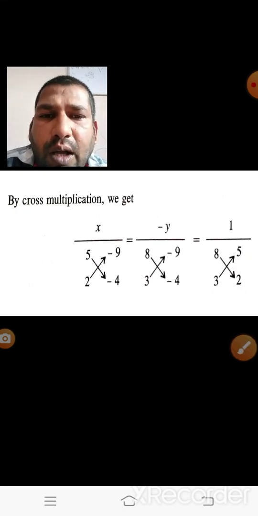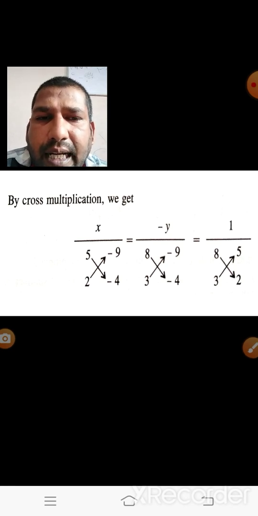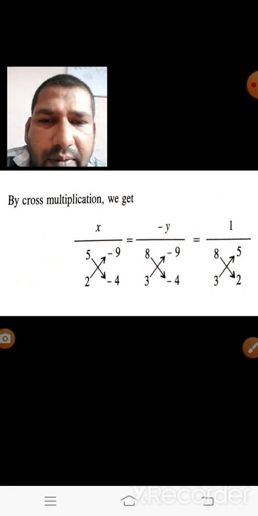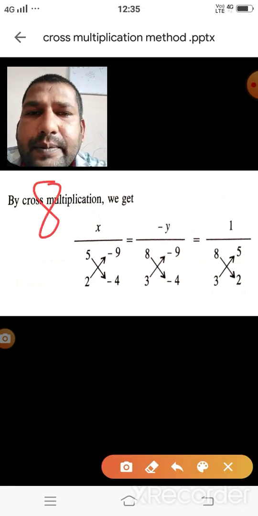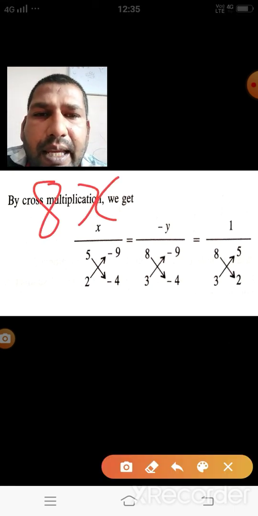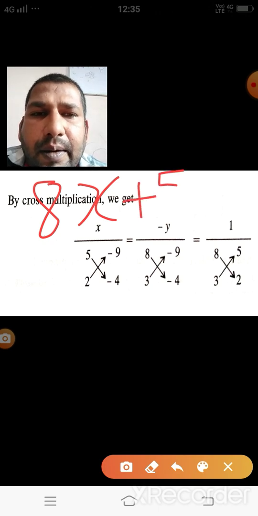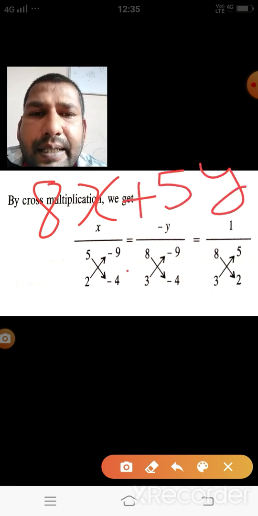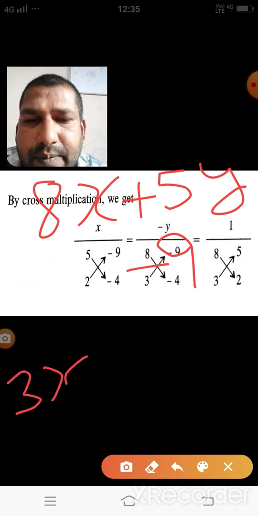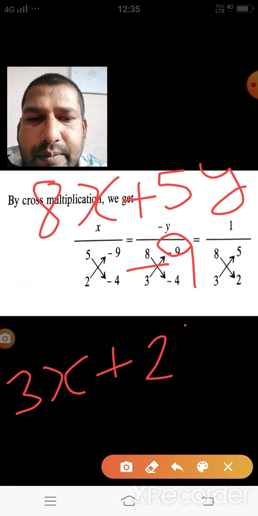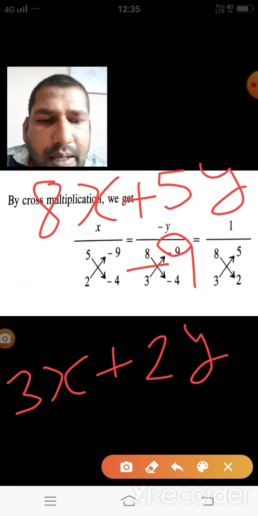Then what we observe here are the coefficients of the two equations. The first one we have 8x plus 5y minus 9, and the second one we have 3x plus 2y minus 4.